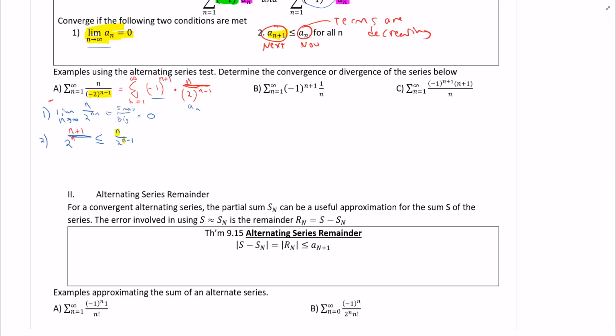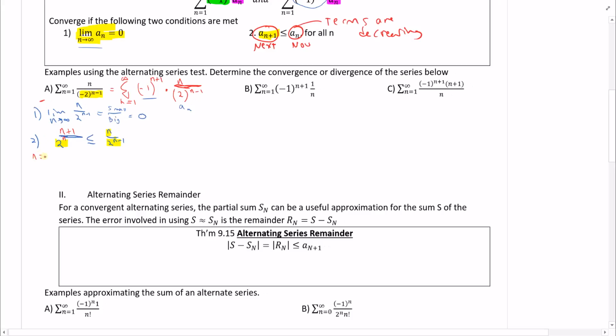Well, this should be kind of obvious, because these denominators are growing faster. 2 to the n will be greater than 2 to the n minus 1, so you'll be dividing by a bigger number, which will make it less than. But let's just show some terms. Let's do n equals 1.